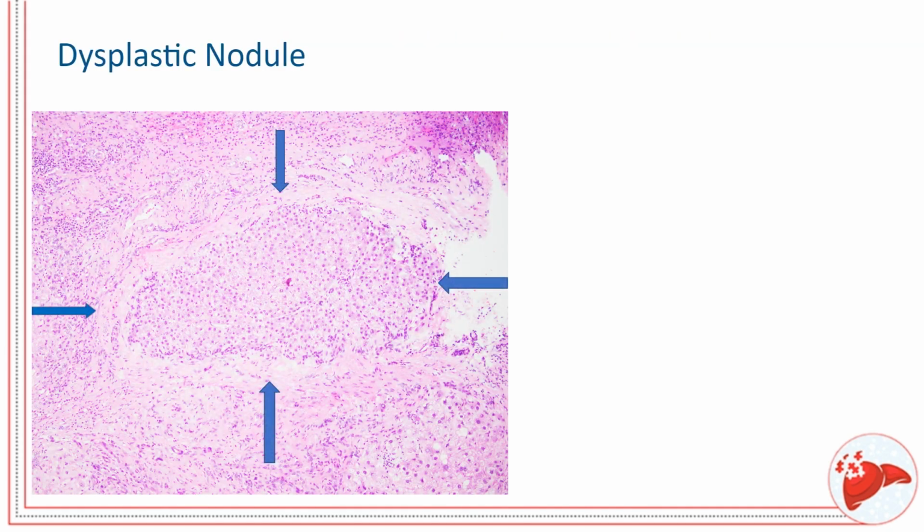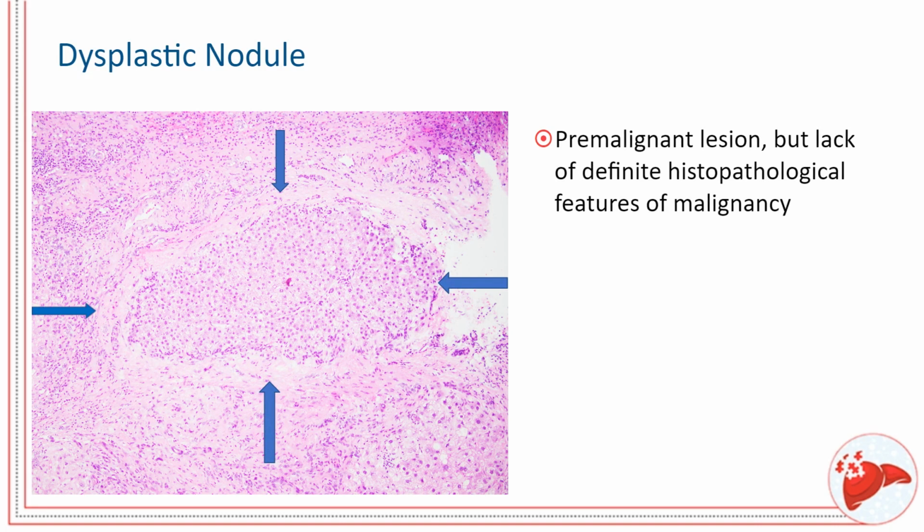This is an example of a dysplastic nodule. Basically, a dysplastic nodule is a pre-malignant lesion which does not have the definitive features of a malignancy. So it's a nodule that is well circumscribed with no evidence of invasion into the surrounding parenchyma.